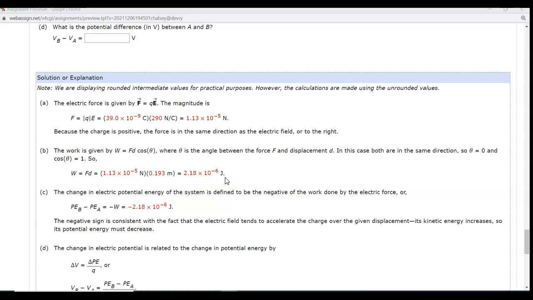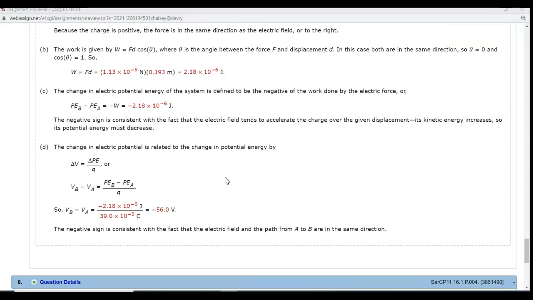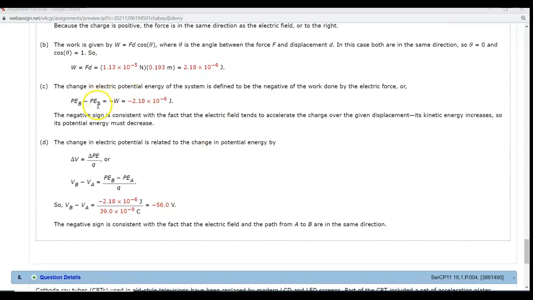The change in the electrical potential energy of the system is defined to be the negative of the work done by the electrical force. And that's the equation way of saying that. So we're looking at negative the work here.